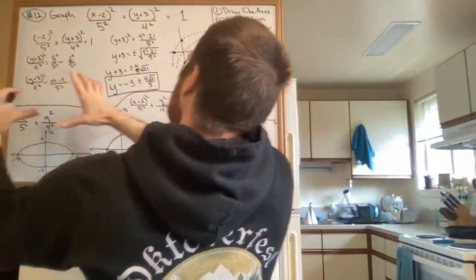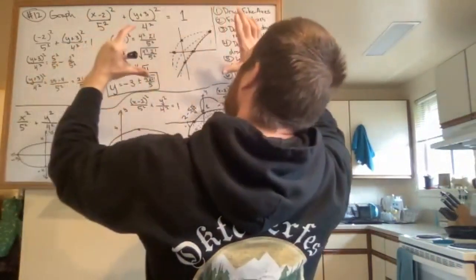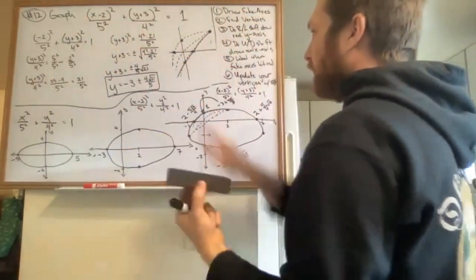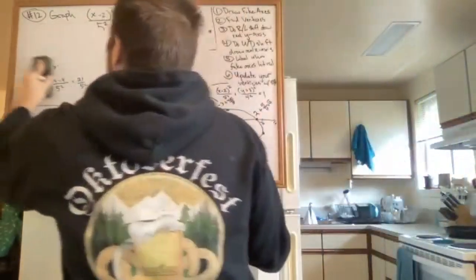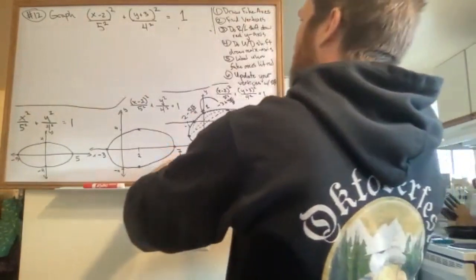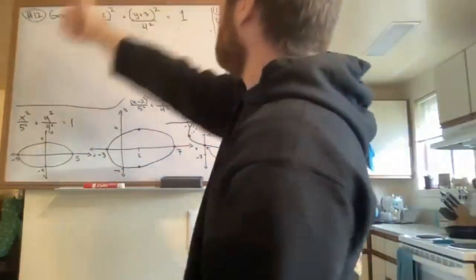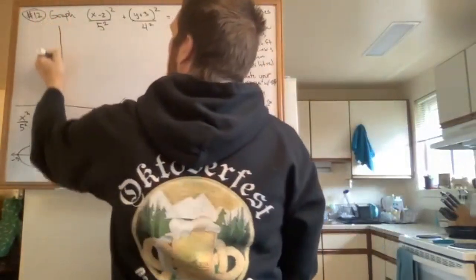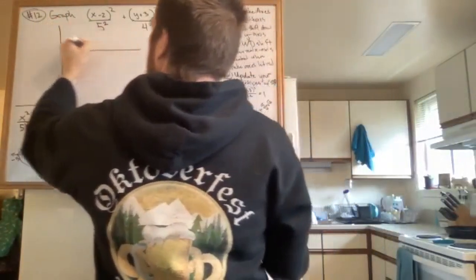That's going to move it 2 units that way. That's going to move it 3 units that way. And so what I could do, I've already found this, I can get rid of this. I could just start by saying, okay, knowing that this is going to go that way and that way, I guess I'm going to draw this a little bit right there.